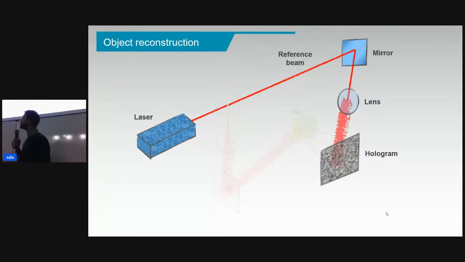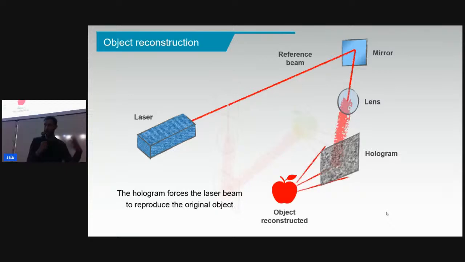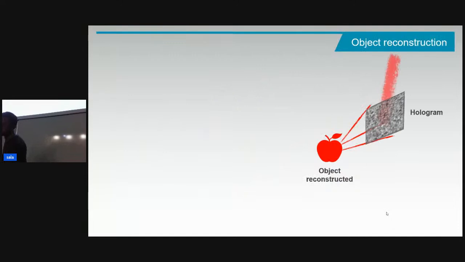So you now get rid of the object arm, you only have the reference arm, and the diffraction between this reference beam and the hologram itself reproduces the original object. Or you can see it in these terms, the hologram forces the laser beam to reproduce the original object. So now we have a way that we can teach our laser to behave as we want, if we replace the analog hologram by a digital hologram.